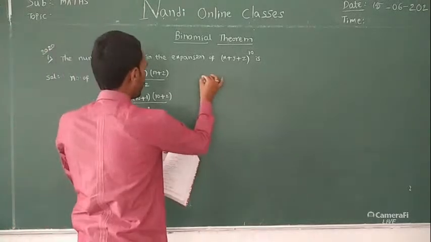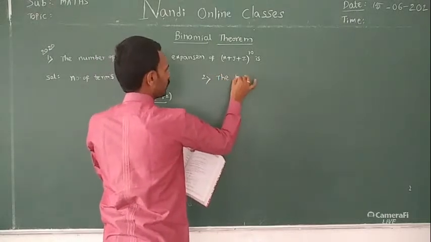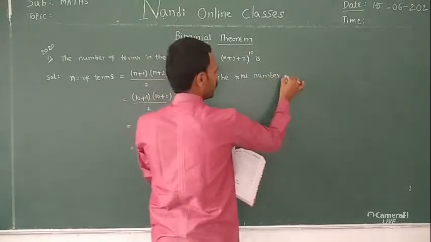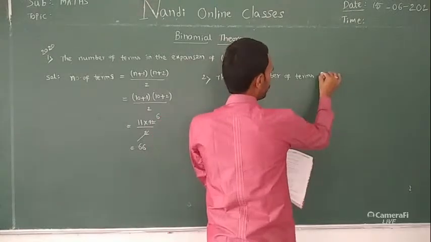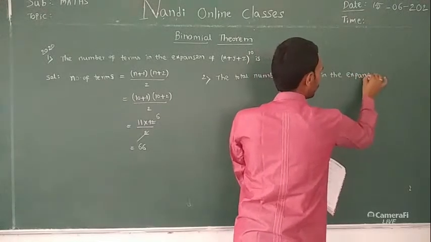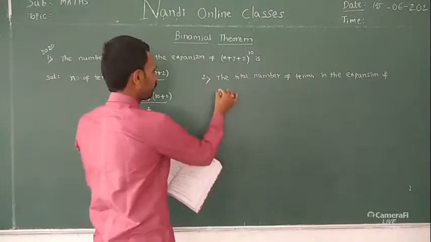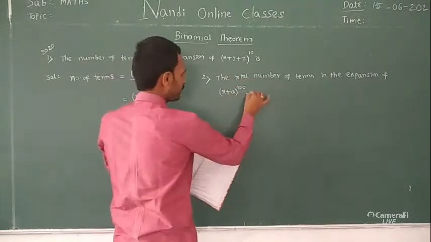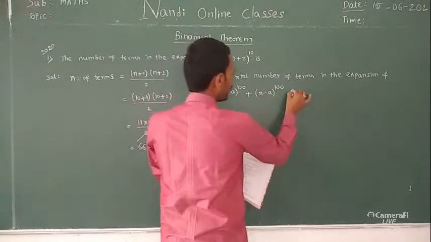Okay, now second problem. The total number of terms in the expansion of (x plus a) whole power 100 plus (x minus a) whole power 100 after simplification is.